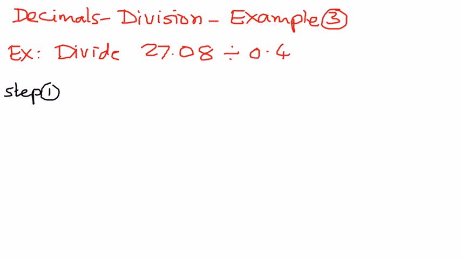Step number 1, we're going to write it out as follows: 27.08 divided by 0.4. Here we're going to multiply the 0.4 by 10, so we can move the decimal place one place to the right and make it a whole number, and accordingly we're going to multiply 27.08 by 10, so we can move the decimal place to the right.